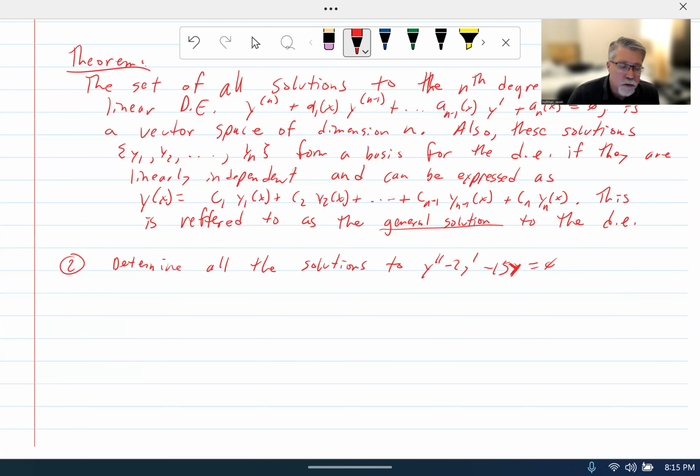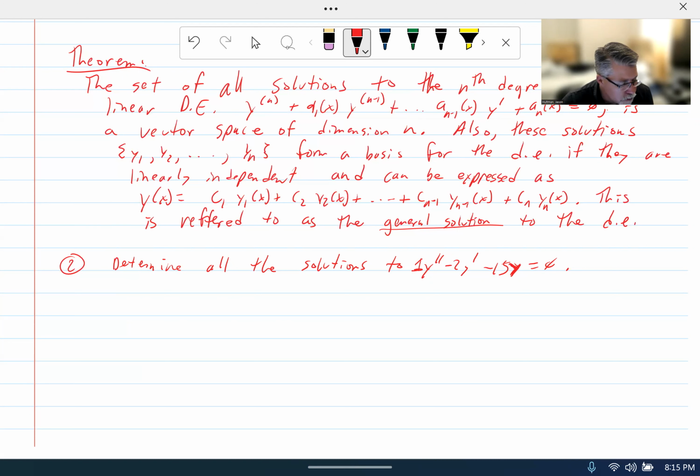So we've got a second order differential equation. It's homogeneous, and the functions in front are just constants. They don't contain any x variables. So I could put a 1 in front of that, and that will give me my coefficients.